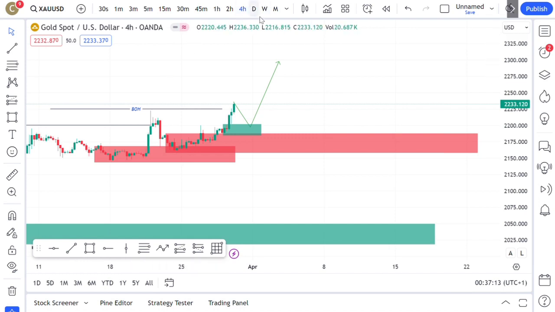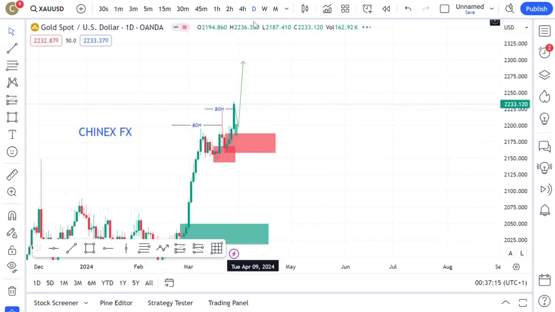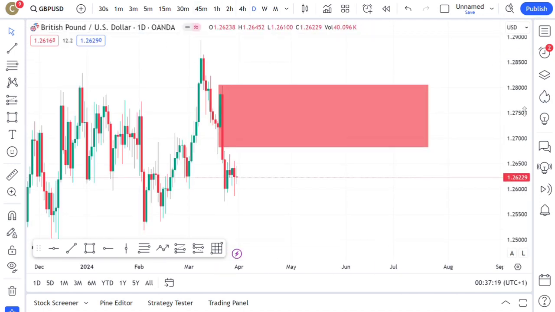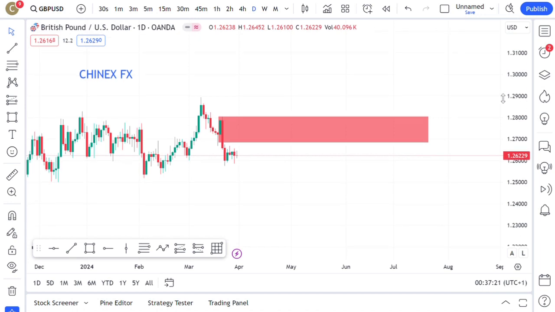So now let's go into our other pair, that is GBPUSD. Now on GBPUSD, you can see a huge supply order block on the daily time frame. So what I can say is this supply order block is going to be respected this coming week. Let's take note of the fact that price has broken this area.